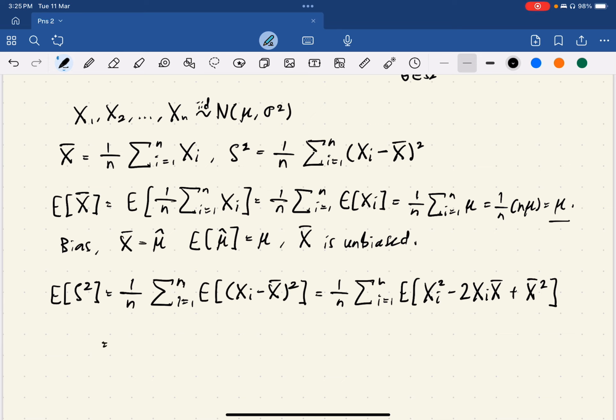And we can further expand this. Since this sum here is part of the sum, we can treat x bar as if it's a constant.